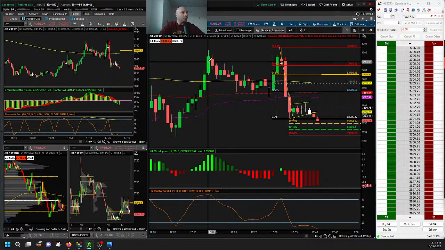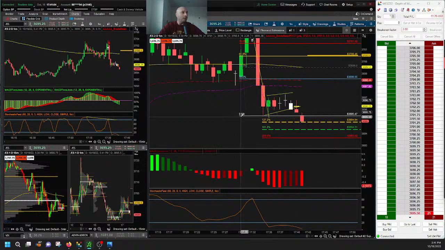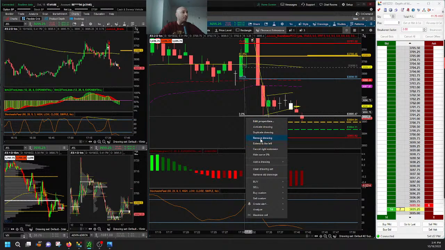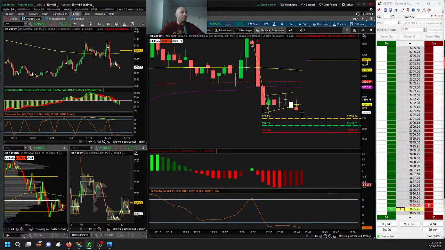But watch right here, we're making new lows, and watch how price reacts right to these levels. Look at that, right to the 127 and then the bounce, right? Even though it's not big, ultimate target would be this 93. Normally, I would look to get long there, right?